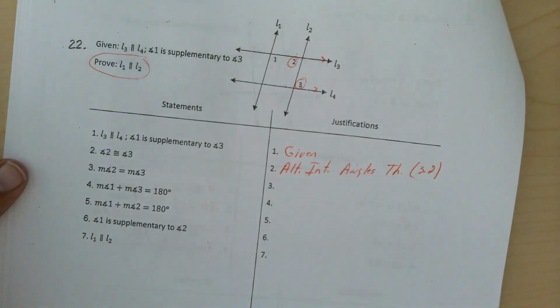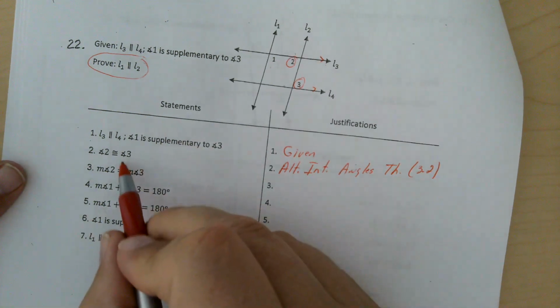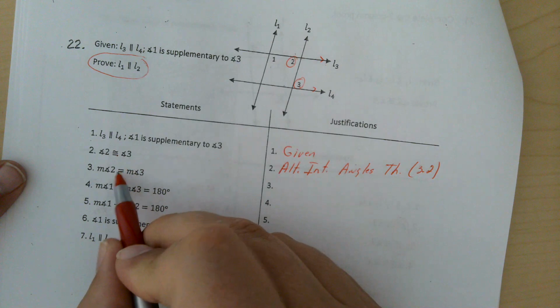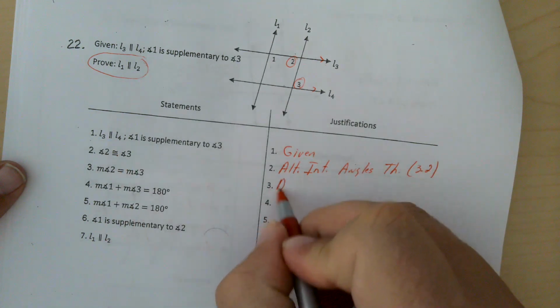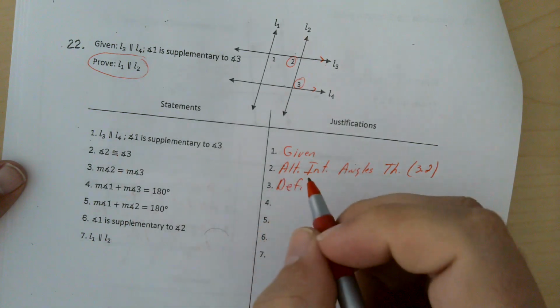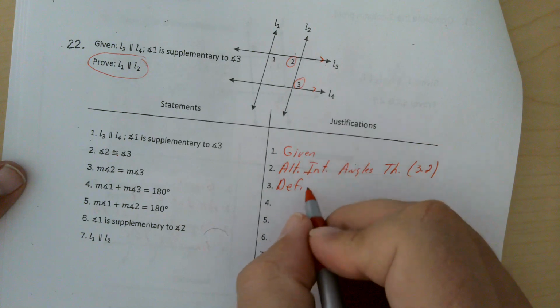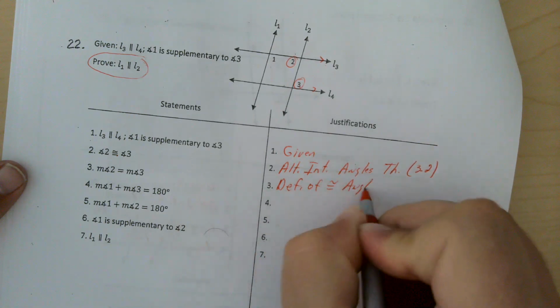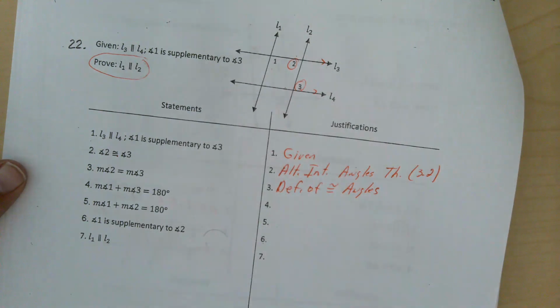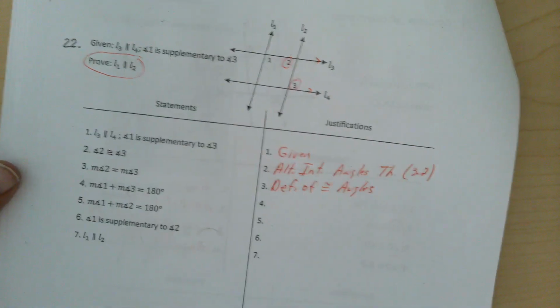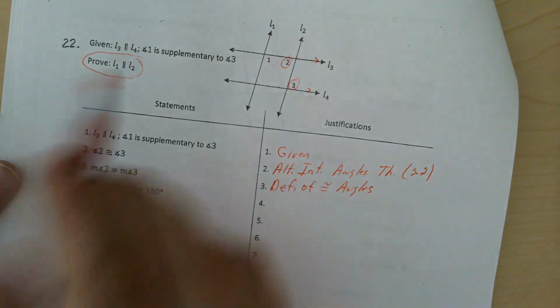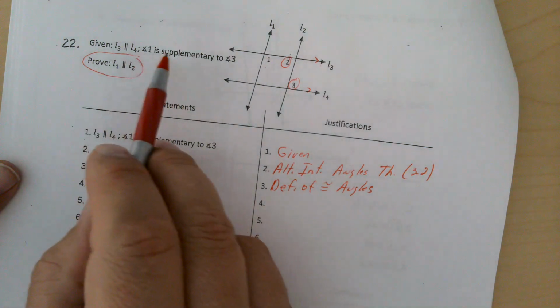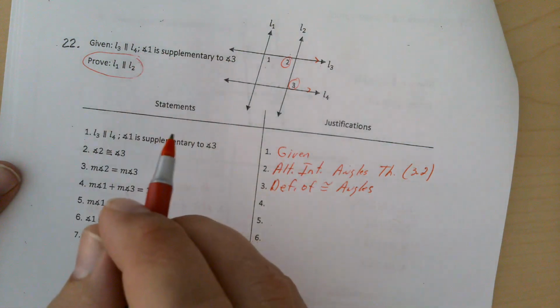And then for step 3, all we did was change the congruent to an equal sign. Well, we're allowed to do that because that's what it means to be congruent. So definition of congruent angles. Okay? So now what I need you to realize is we were given that 1 and 3 are supplementary.